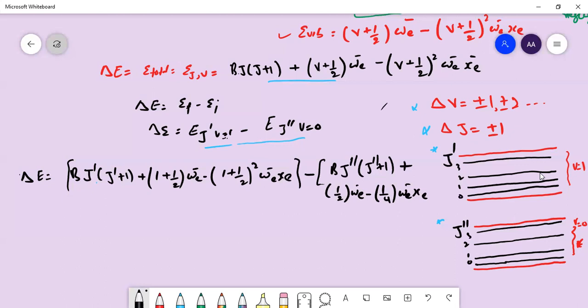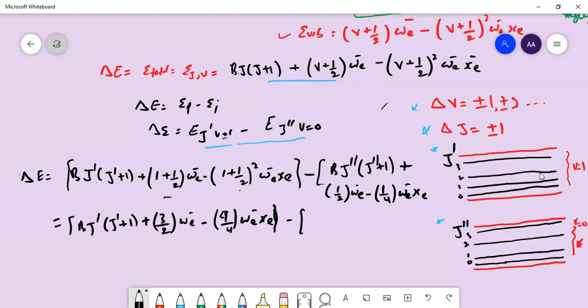Let me solve this equation. I will solve these terms first. I will write B J dash into J dash plus 1 as such. Solving, 1 plus 1 by 2 is 3 by 2 omega e bar, minus 3 by 2 squared, that is 9 by 4 omega e bar xe.